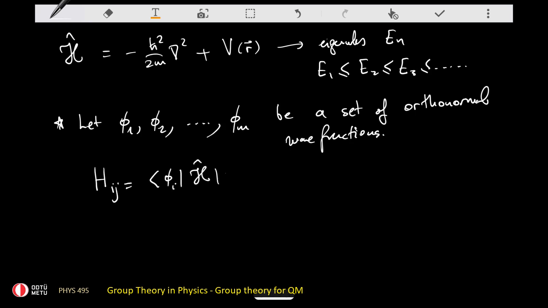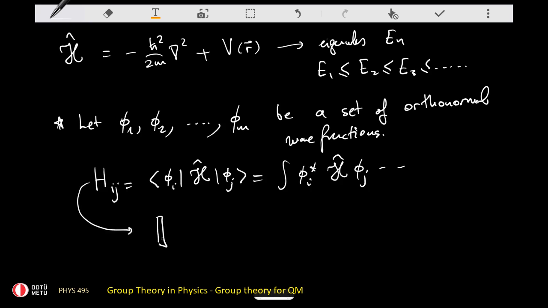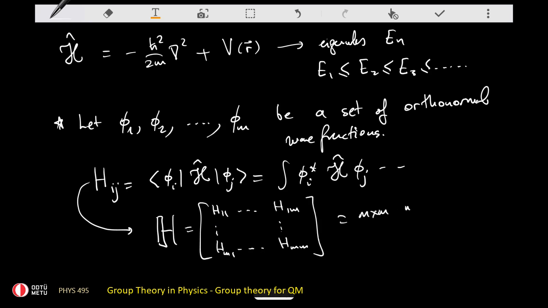Let's remember that this is obtained by the usual procedure that we are all familiar with in quantum mechanics. That's this integral. It's not that important, of course. So from this H, you basically get a matrix. If you order all of these matrix elements, I get a matrix like that, up to H_MM. In any case, this is an M by M matrix.